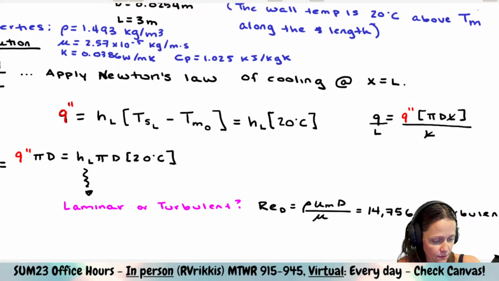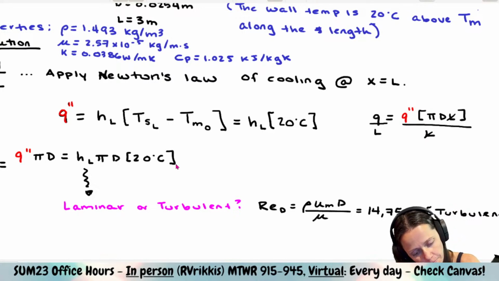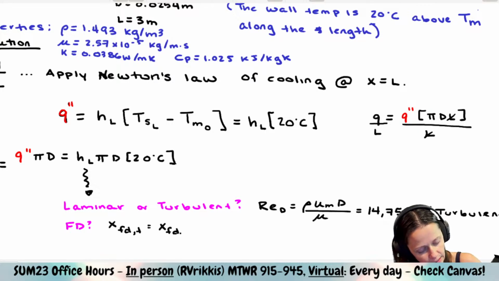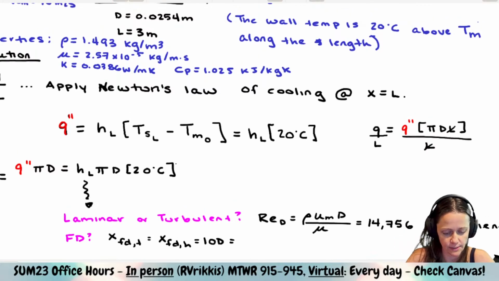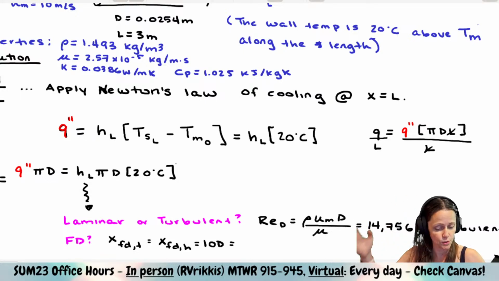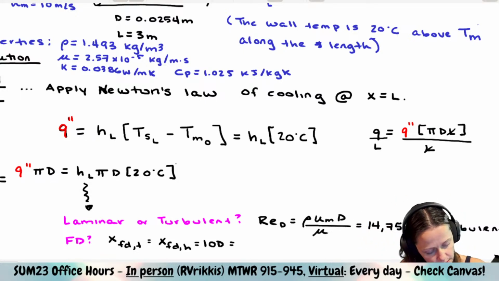For turbulent flow, if I wanted to know if it's fully developed, it's going to be fully developed at 10 diameters. Since our diameter is only 0.0254 meter, this is going to be 0.254 meter.